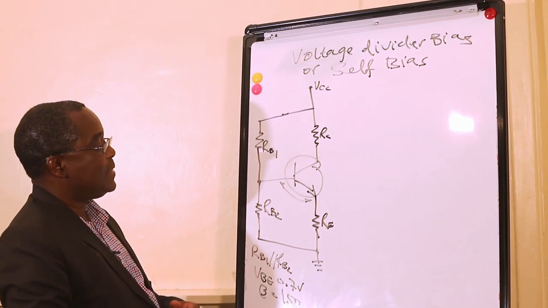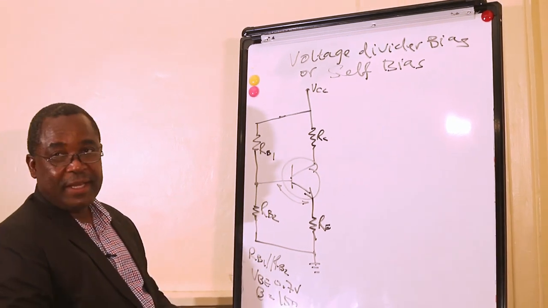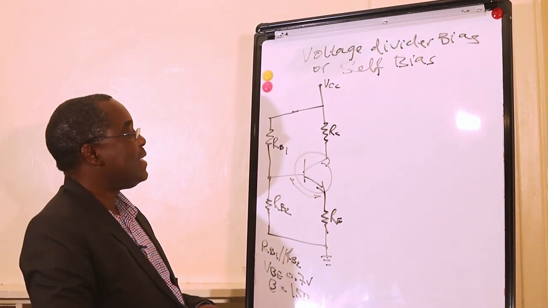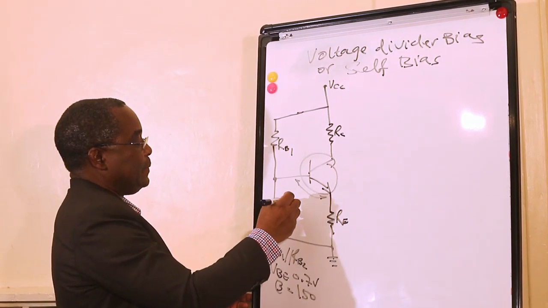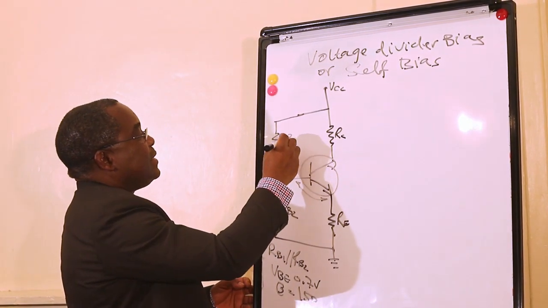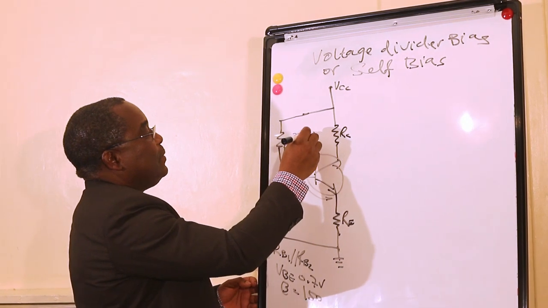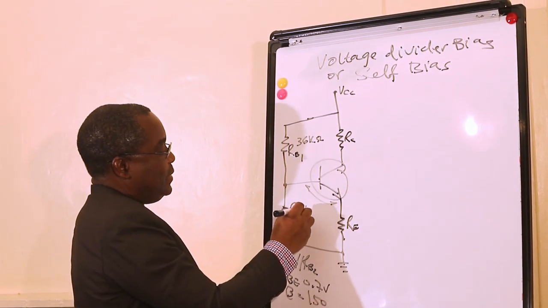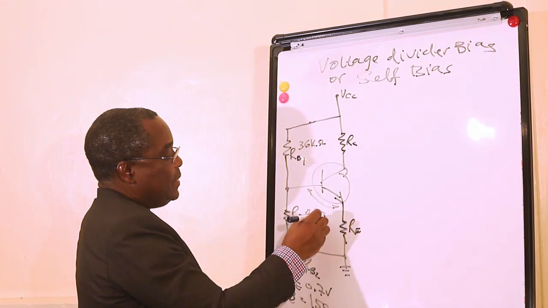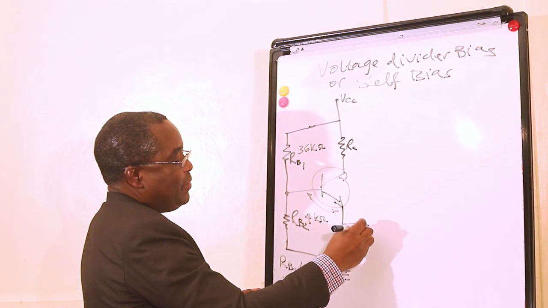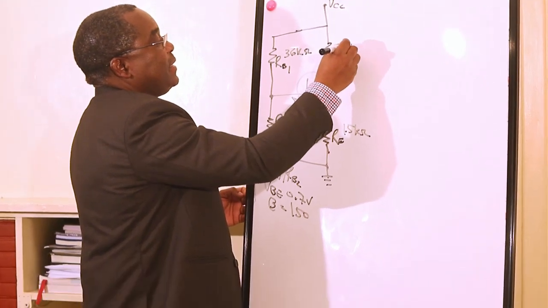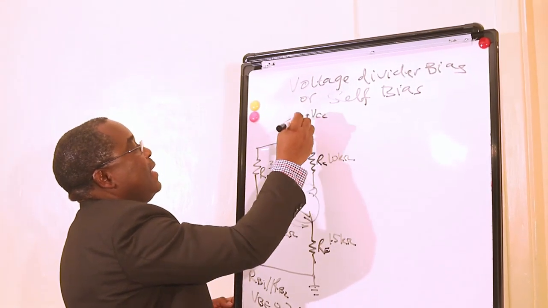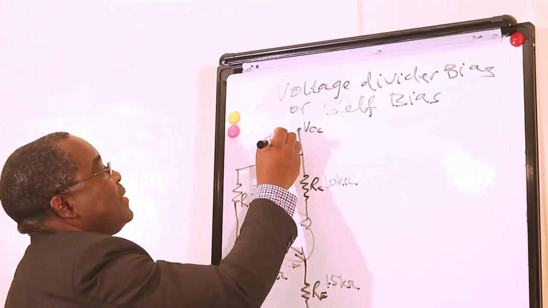Let's put the values in this voltage divider circuit. Here put 36 kilo ohms. Here put 4 kilo ohms. Let's put here 1.5 kilo ohms, and here 10 kilo ohms, and this is 20 volts.